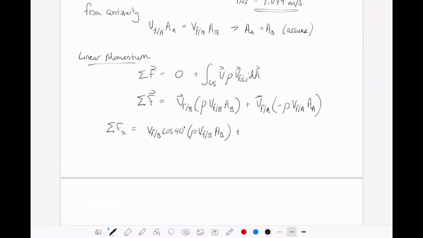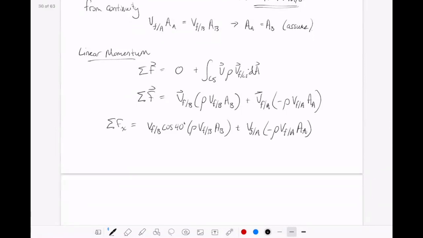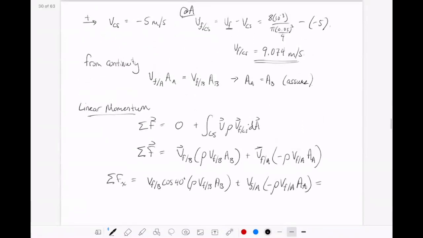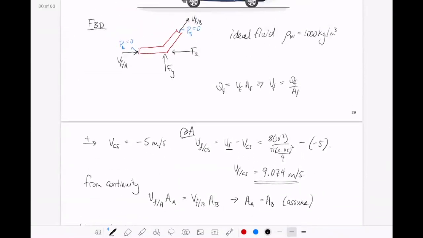plus the velocity of the fluid at A. It's already in the x direction, minus rho VF AAA. And this would be equal to minus, our x direction force is in the negative direction.